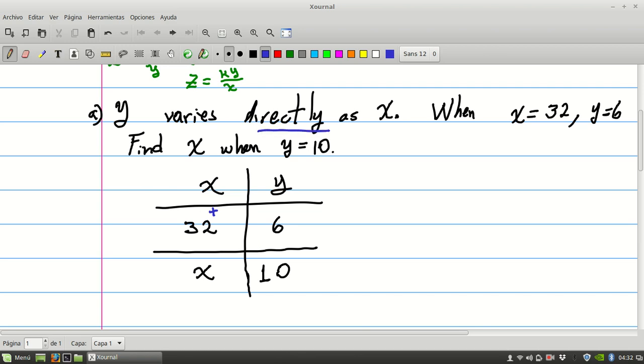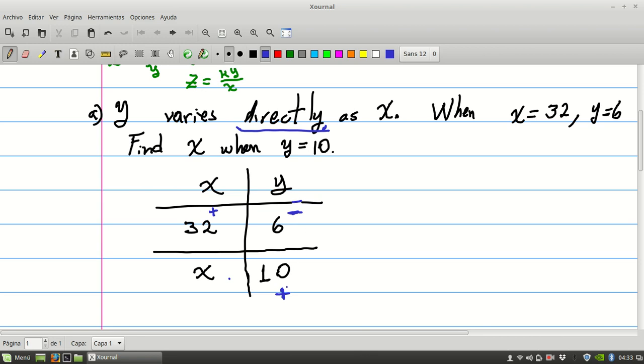Here it is a direct variation, so if x increases, y increases. So I'm going to put a positive sign that shows me that relationship, and this I'm going to write negative because it's decreasing in this direction.